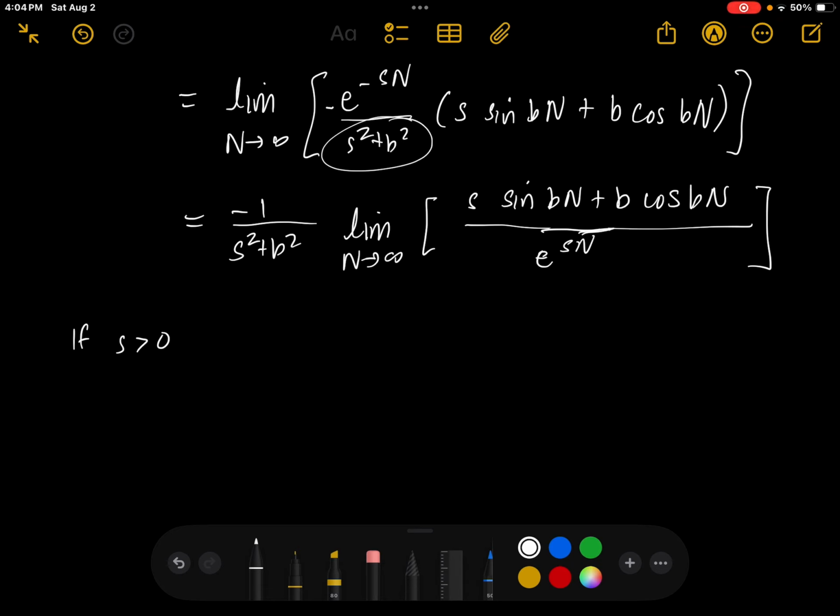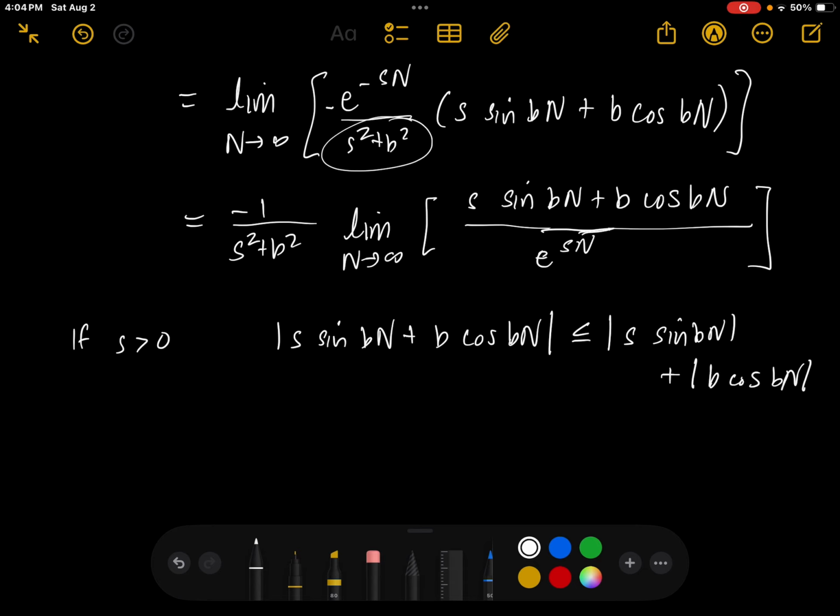So the absolute value, say, of s sine bn plus b cosine bn is less than or equal to the absolute value of s sine bn plus the absolute value of b cosine bn.